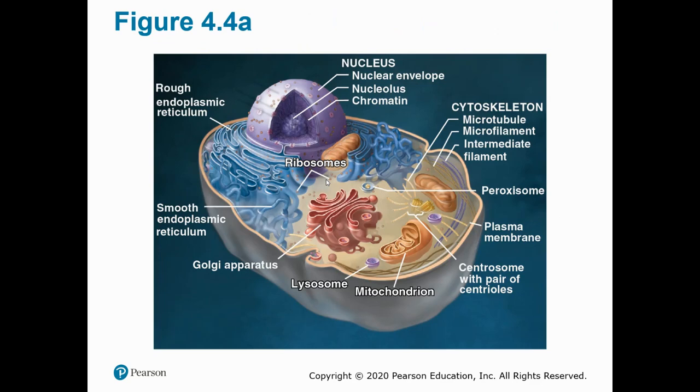So your eukaryotic cell now looks much more complicated than your prokaryotic cell, because it's, like I said, much bigger. And in size comparison, the prokaryotic cell would be about the size of a mitochondrion.